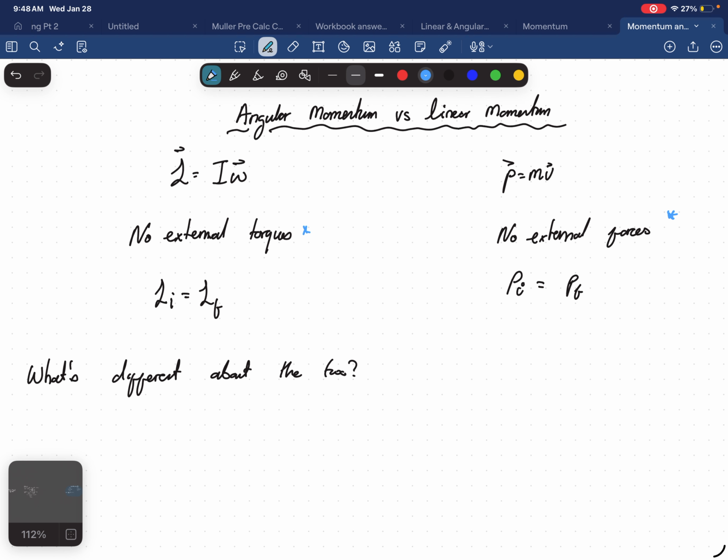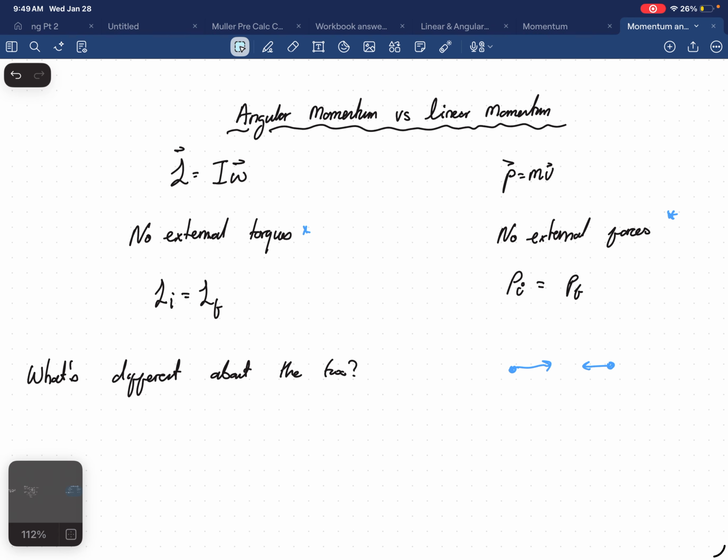Now, I hope you can visualize what this means. Let's say this is my system, with two objects coming to collide. When I say there are no external forces on the system, I mean there's no force that makes the system accelerate.